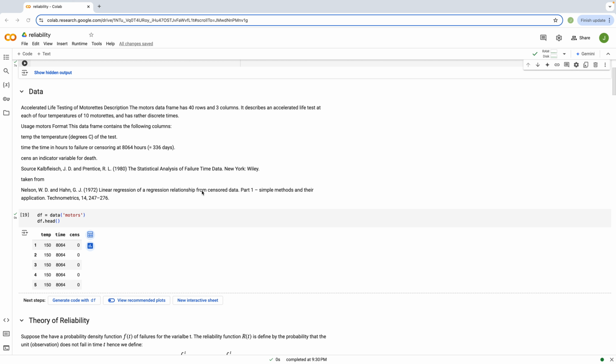And this variable called censor, CENS, indicates if the observation died during the observation period or not.